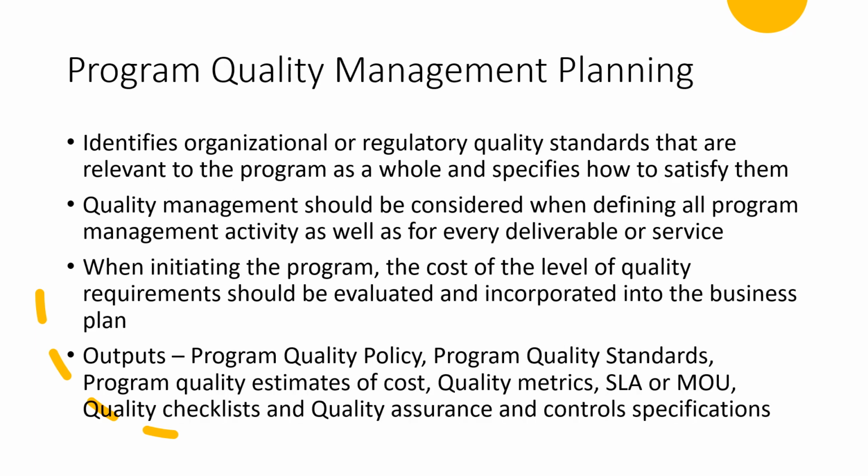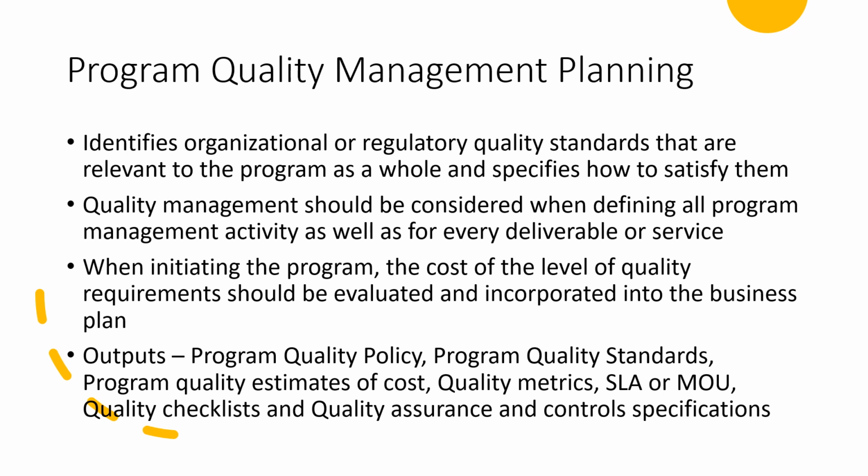Let us talk about program quality management planning. It identifies organizational or regulatory quality standards that are relevant to the program as a whole and specifies how to satisfy them. Most organizations will have a quality management system at organization level, and each program can identify the relevant things to be included as part of the program.